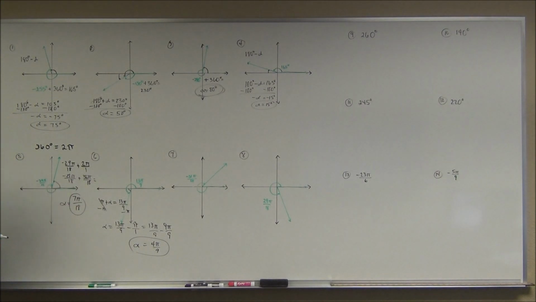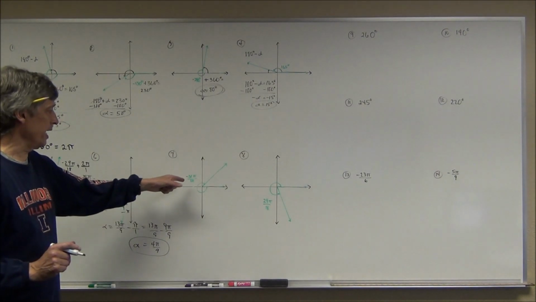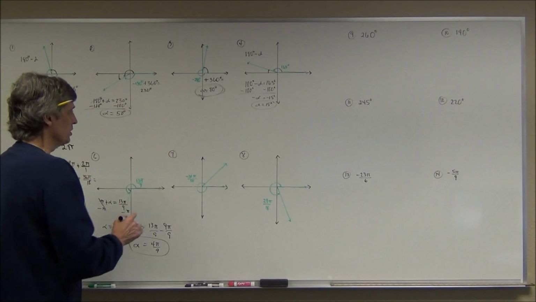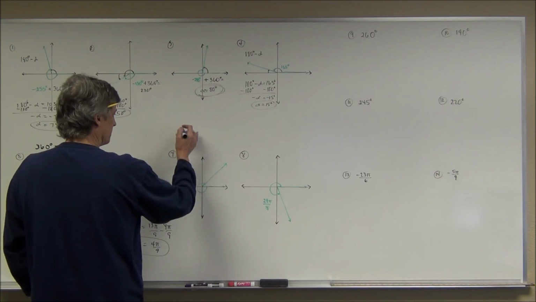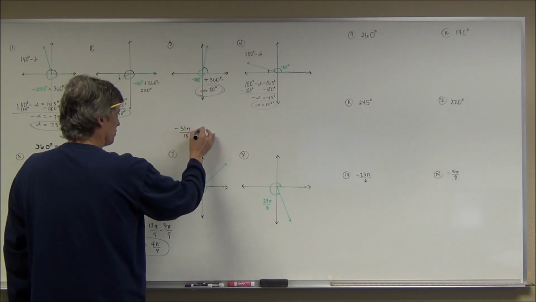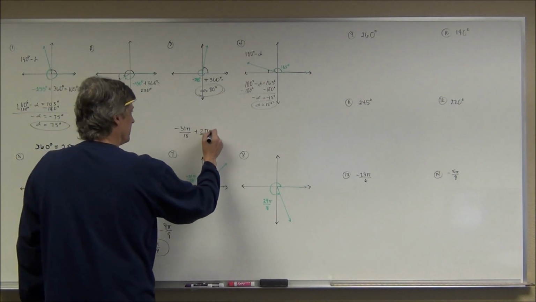That's that acute angle. Well, just like problem number 5, first step is to get an angle that's positive. So I'm going to add 2 pi to this. I'm going to just do some work up here so there's more space. So I'm going to take negative 31 pi over 18, and I'm going to add 2 pi to it, which is like 2 pi over 1. Common denominator would be 18.